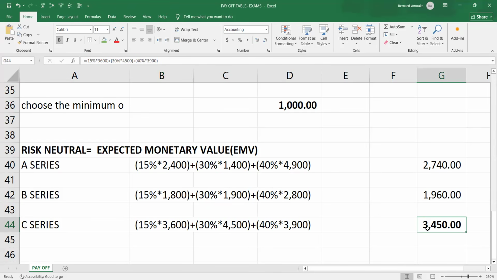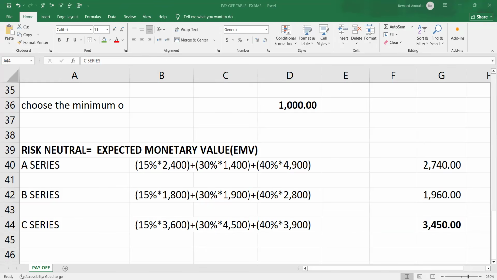Now, I am supposed to select the highest. The highest is 3,450. And which decision option do I have, or am I faced with? Is the C series. So quickly, I'll go in for the C series. Any question?